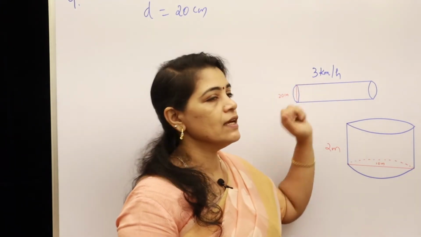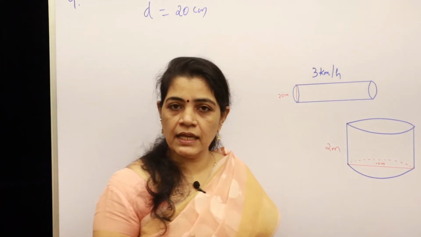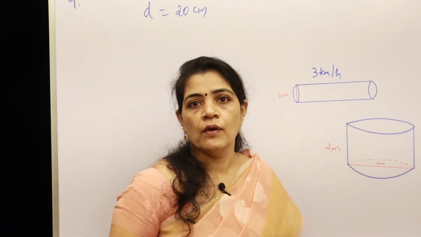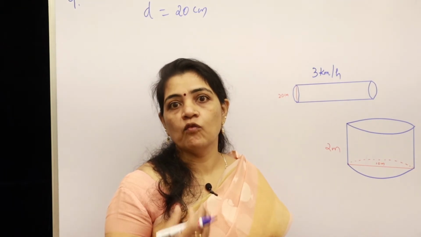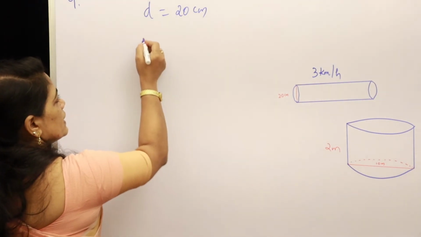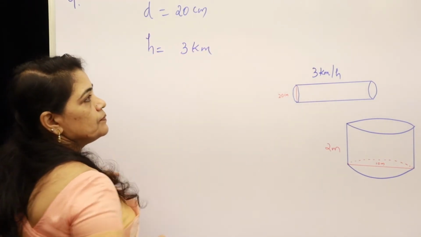Its speed is given as 3 kilometer. From that 3 kilometer, you will get the height or the length of the pipe. That is 3 kilometer per hour, or in 1 hour 3 kilometers. So you can take h is equal to 3 kilometer.